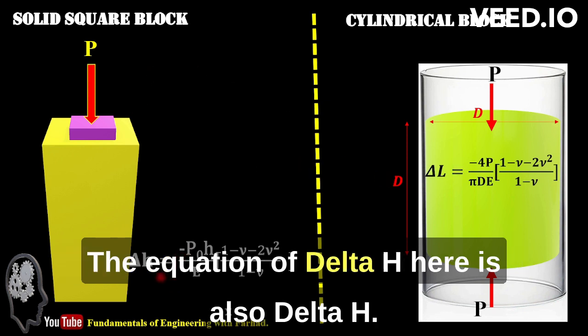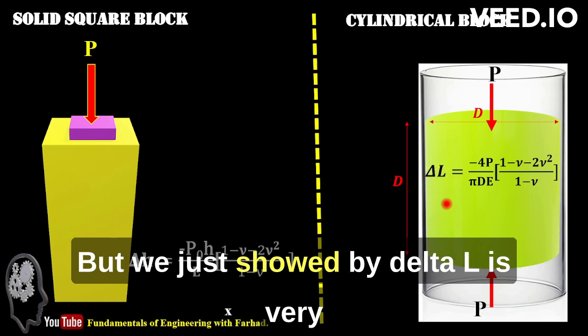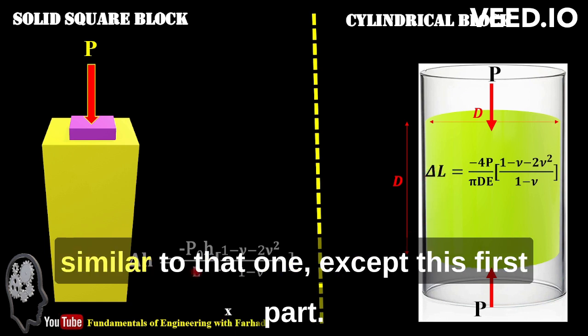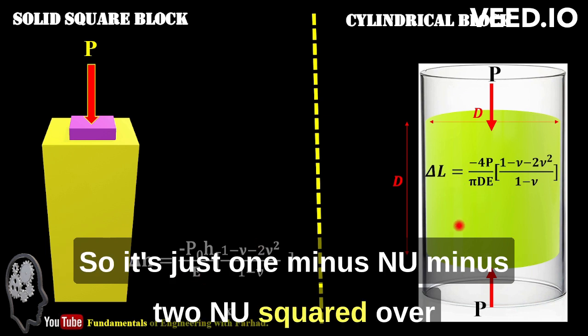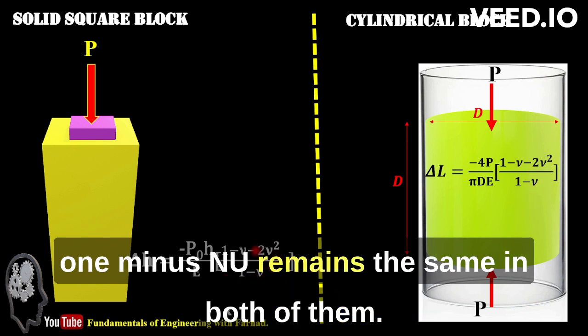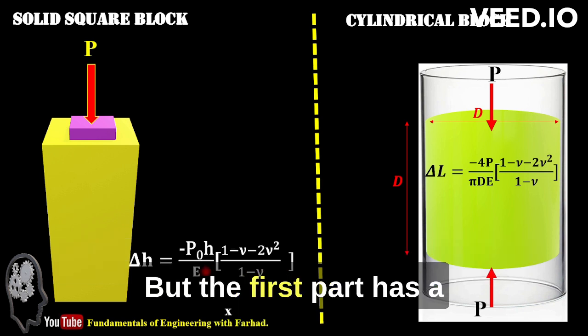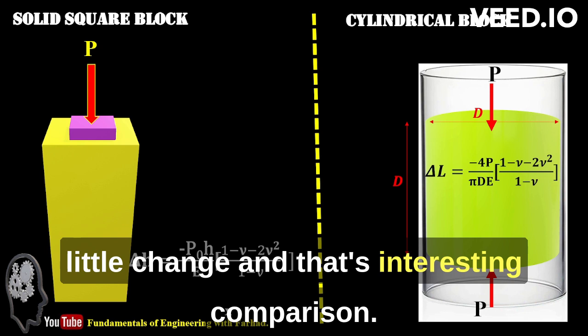The equation of delta H here, which we showed as delta L there, is very similar to that one, except for this first part. The 1 minus nu minus 2 nu squared over 1 minus nu remains the same in both of them, but the first part has a little change, and that's an interesting comparison.